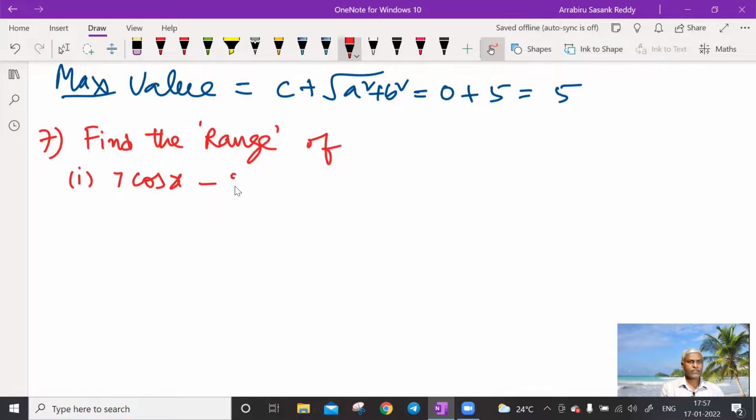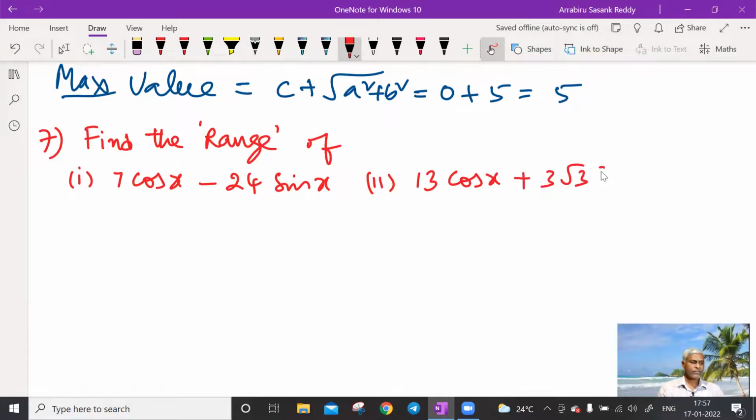The second bit, 13 cos x plus 3 root 3 sin x minus 4.